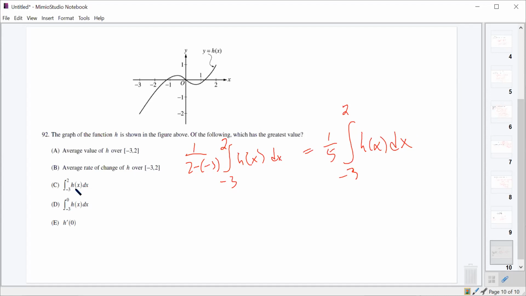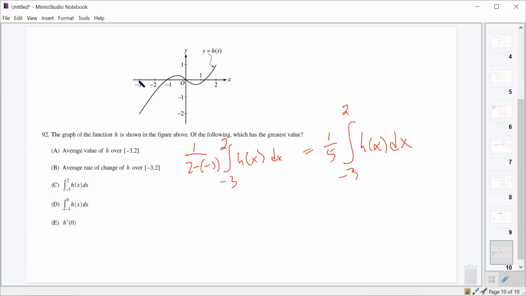Well, here we go. C is that integral. So 1/5 of that integral, we would think would be less, maybe, but it depends on if that integral is positive or negative. So what's the integral from -3 to 2? Well, the integral from -3 to 2 of h, that's a pretty big negative section. And this time, you'll note that there is a scale here.